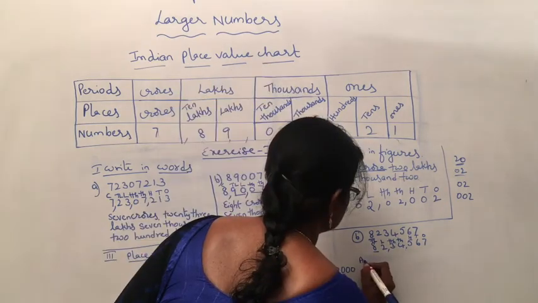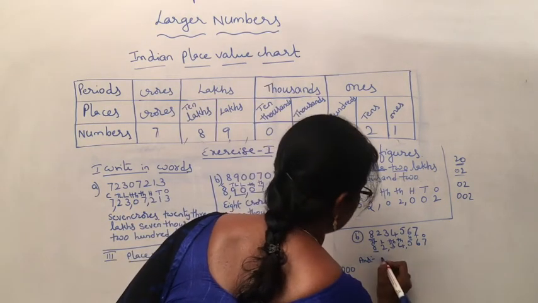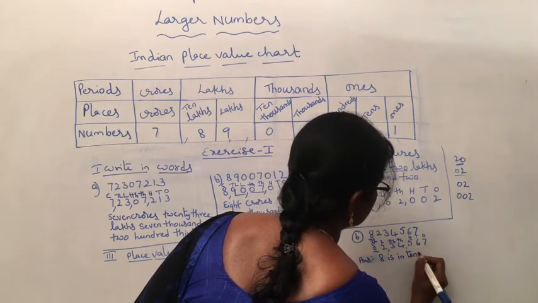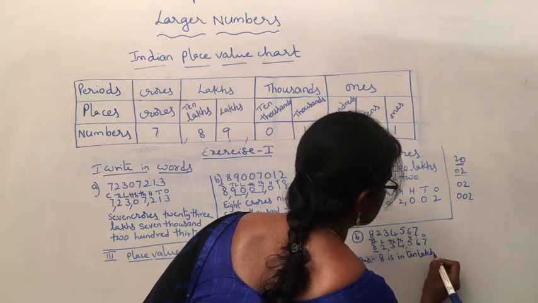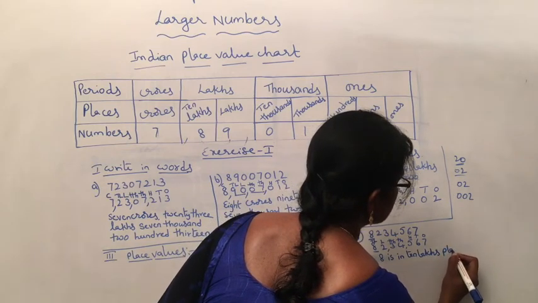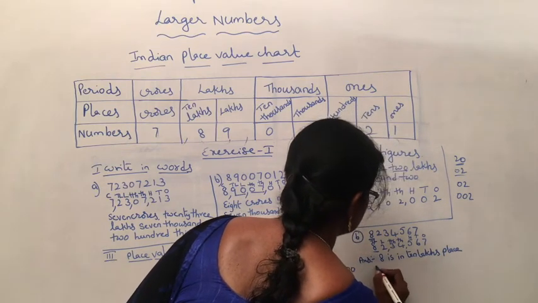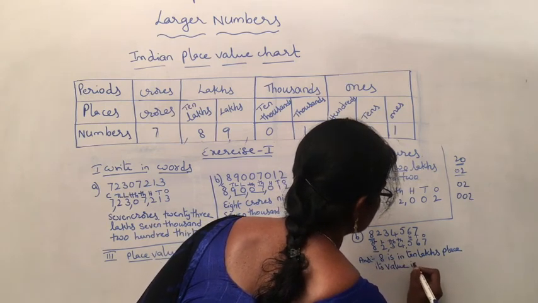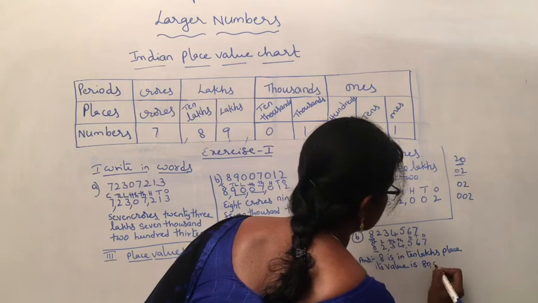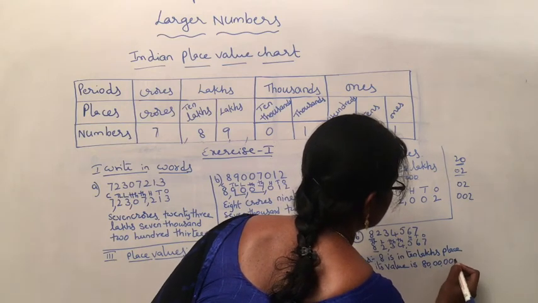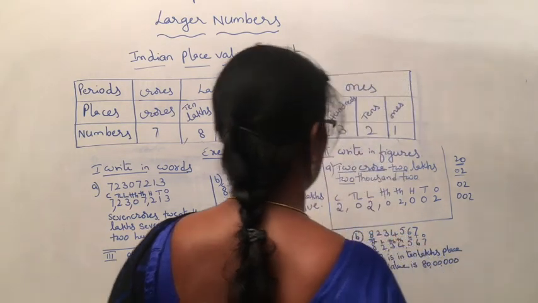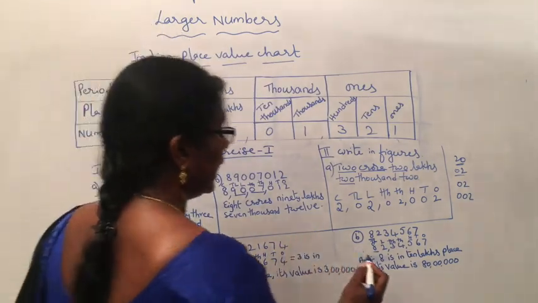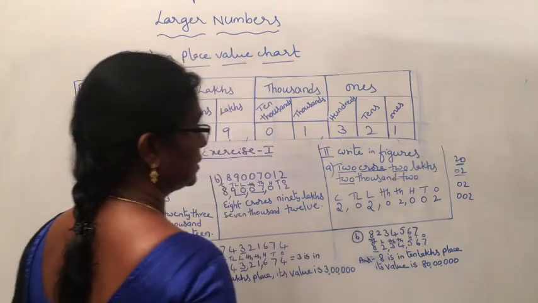Now answer. 8 is in 10 lakhs place. Its value is 80 lakhs. Means what is the place value of 8? 8 is in 10 lakhs place and its value is 80 lakhs.